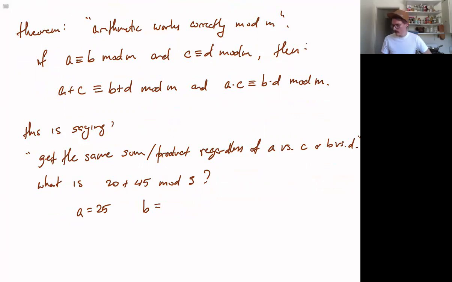So let's say B is 10. These are congruent mod 3 because their difference is 15, right? And then let's say C is 45 in our example, and D, what is something that's congruent to 45? Maybe let's just take 30, because again, the difference is 15, so these things are congruent mod 3.